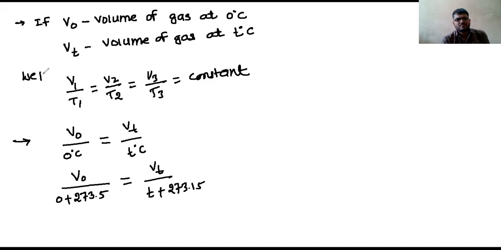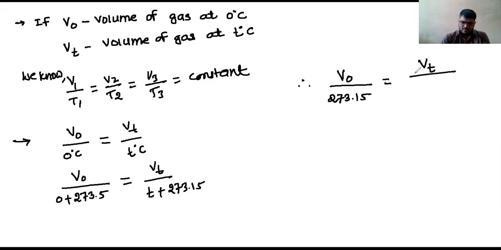Therefore I am now getting V0 divided by 273.15 is equal to Vt divided by 273.15 plus t, or t plus 273.15. Addition you can do, it is no problem.